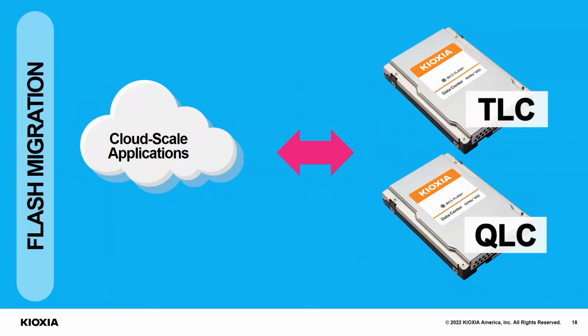And by making this faster and making it easier to move between flash generations, flash technologies, you can make it easier to deploy the latest flash advancements and let your data center take benefits from the improved flash economics of these flash advances faster.